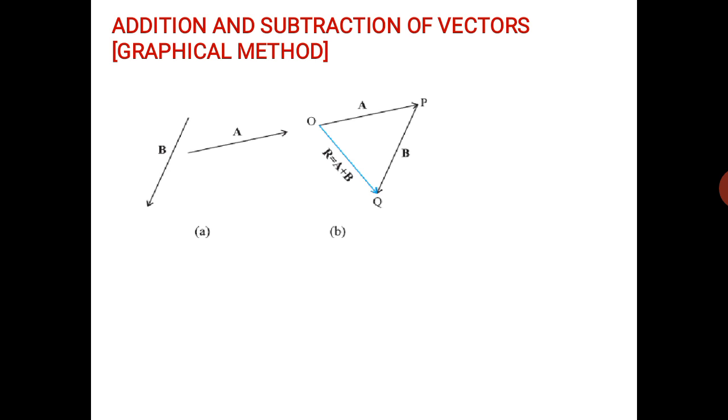This arrow indicates the direction. So now how to add these two vectors? See, the length of the line is proportional to the magnitude of the vector. For example, you are adding two displacements.